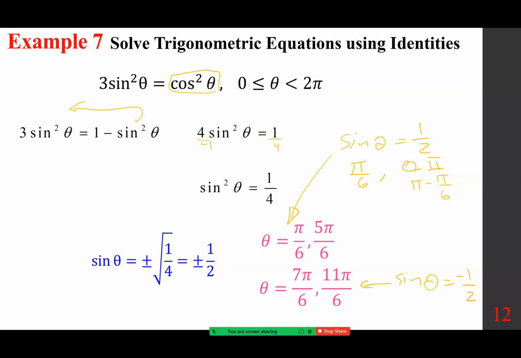Now, there is a second method I will show you, and you can finish it at home. Given this equation, here's the second method: you can divide both sides by cosine squared or sine squared.